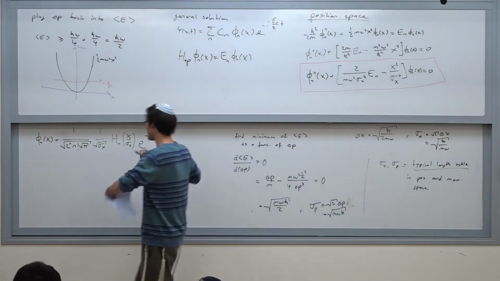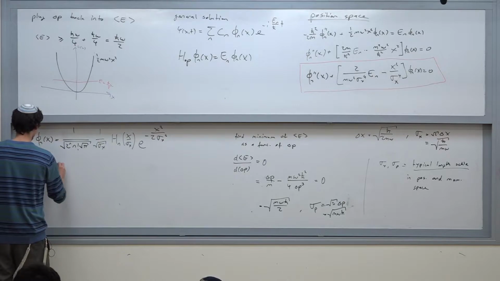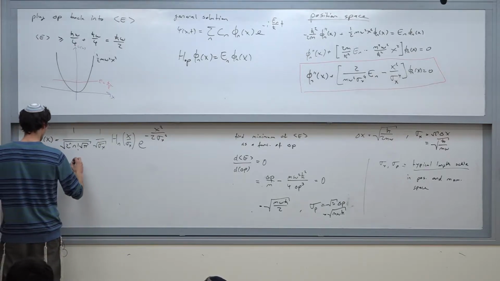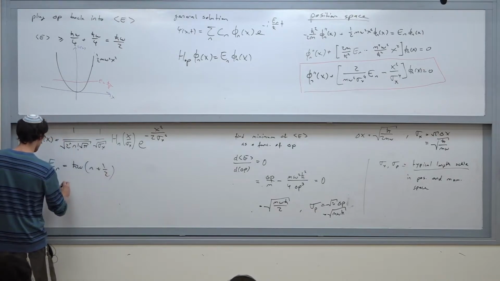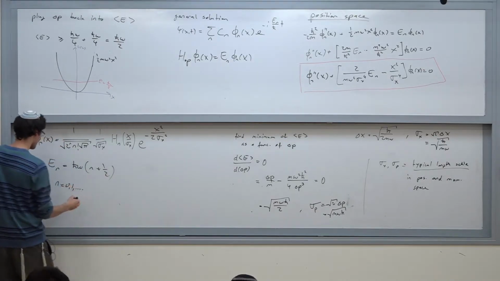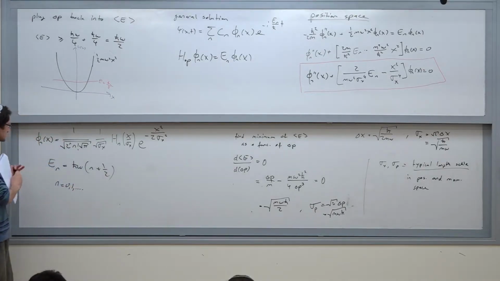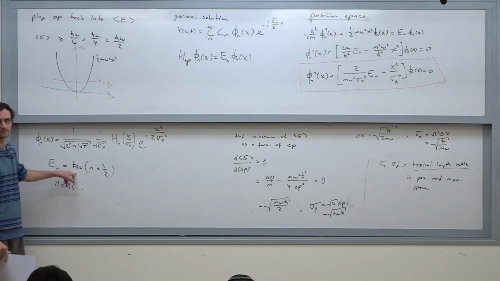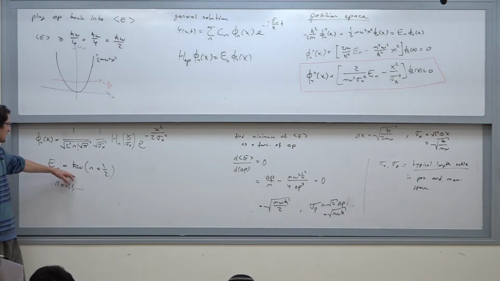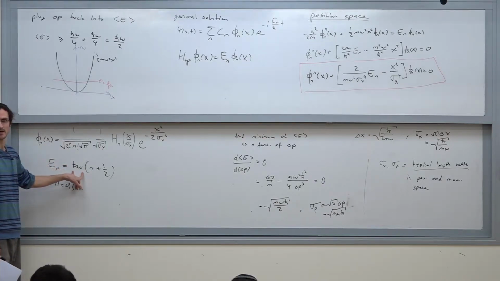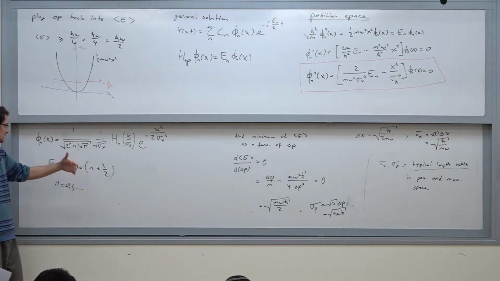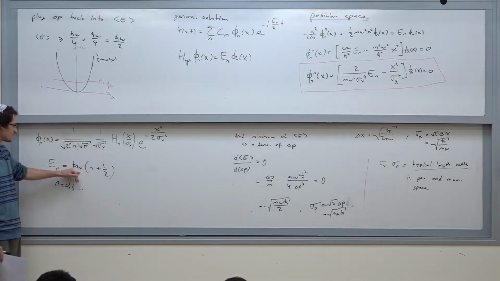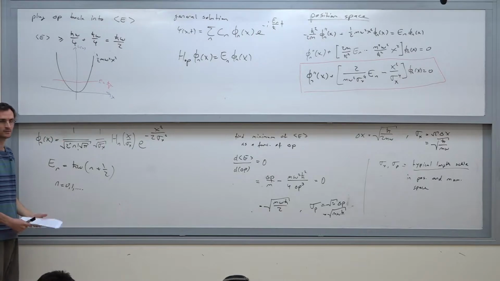The second thing that you found from here were the energies. The energy levels are h bar omega times n plus 1/2, where n starts from 0 this time. So for n equals 0, you get the ground state energy, h bar omega over 2, and then each additional energy level adds a portion of h bar omega to the energy. We spoke about this: the energy levels are equally spaced.